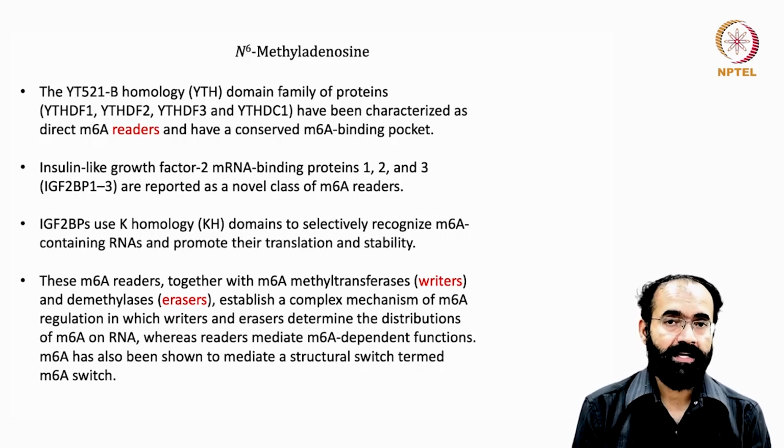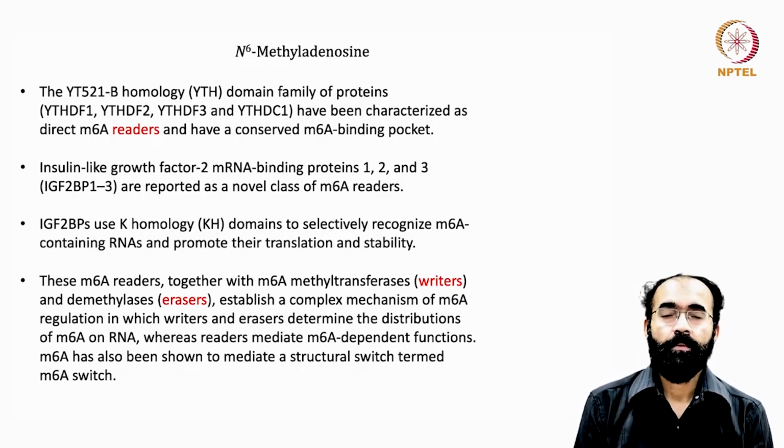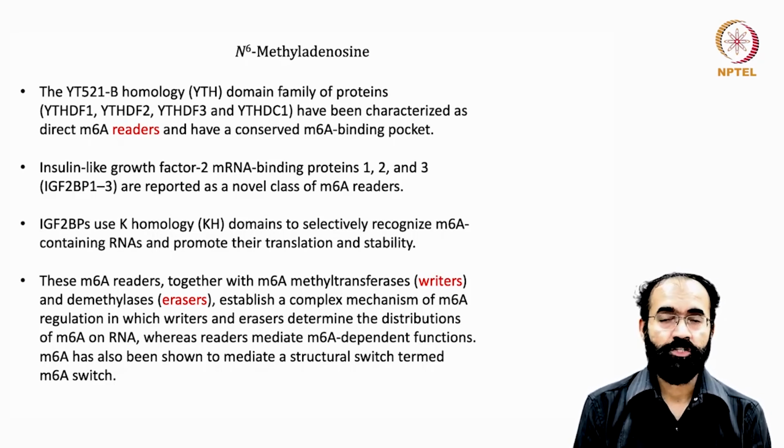Means if an RNA has modifications, this methylation of the adenosine residues, they will be marked for their stability. Means you can simply say prosperity of an mRNA. What is the function of an mRNA? It has to be stable and it should be available for translation. Both it is doing.